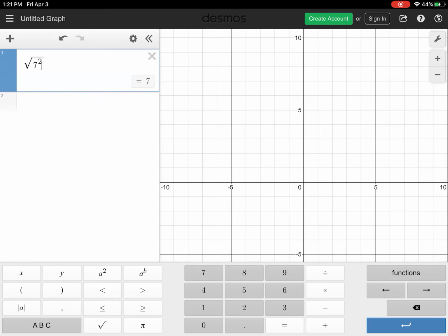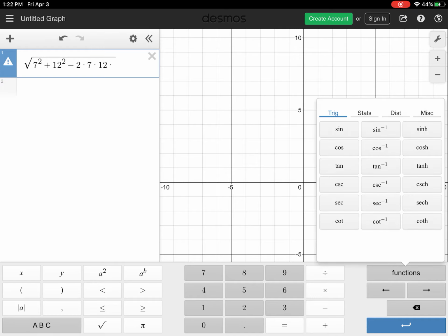So we have 7 squared plus 12 squared minus 2 times 7 times 12 times, so remember to get to sine, cosine, and tangent, we hit this functions button over on the right.